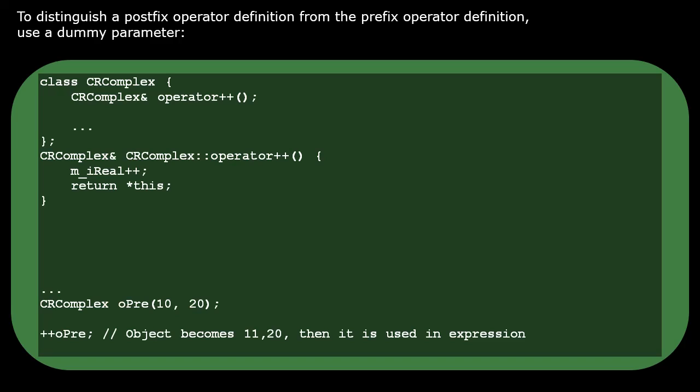Recall that a unary operator, such as the increment operator, does two things at the same time, both accessing the value of some variable and changing its value. When the unary operator is written in prefix form, the changing happens before the accessing.